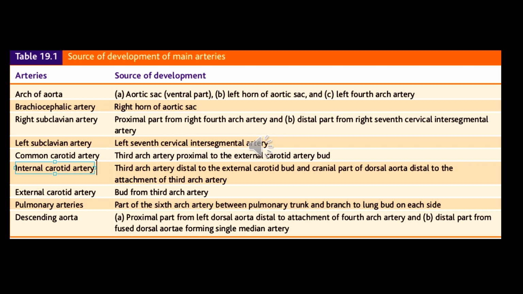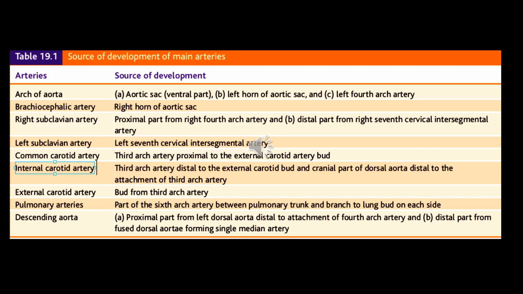So these are the 3 sources: the ventral part of the aortic sac, the left horn of the aortic sac, and the left 4th arch artery.